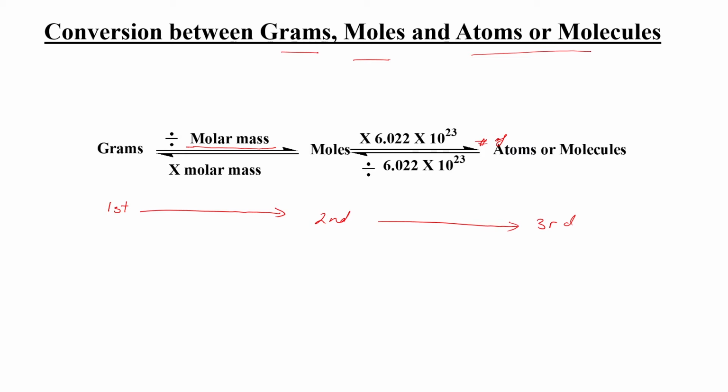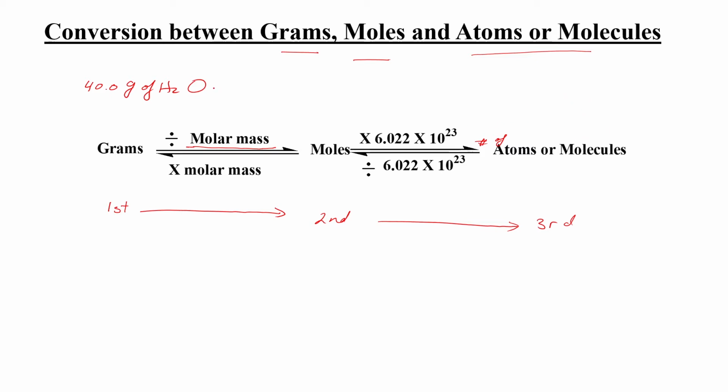So the thing you have to remember is this flow, that always we have grams and then moles and then number of atoms or molecules. So for instance, if you have 40.0 grams of water given, and you have to find how many water molecules you have in it, there is no direct conversion from grams to molecules of water, right?